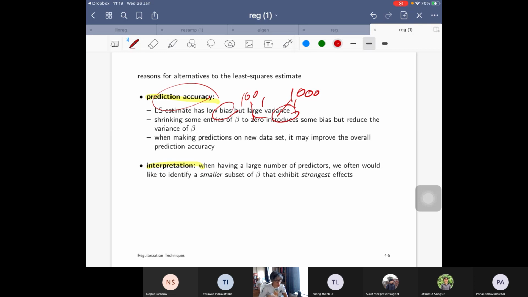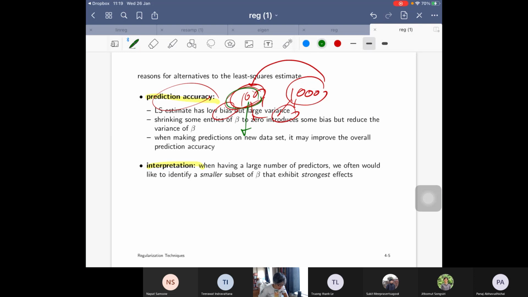So if you shrink some of the beta in the big model, and it turns out to have only 100 variables, it means that your simpler model probably has some more bias, but what you gain is that it has lower variance.